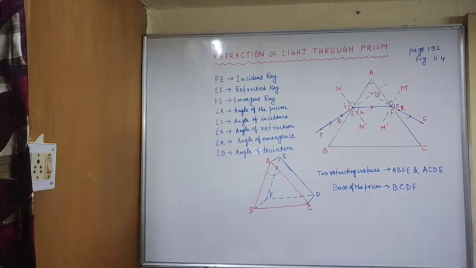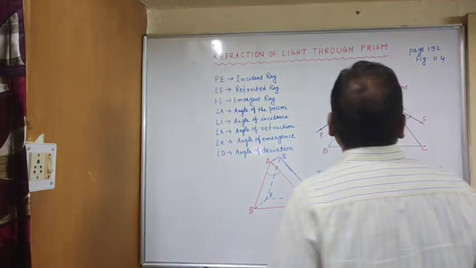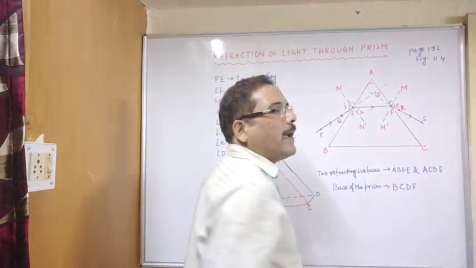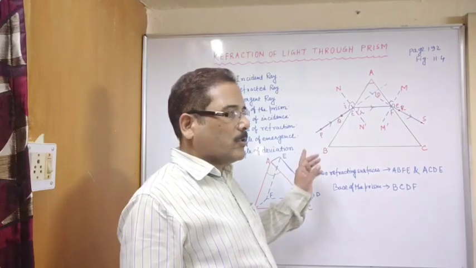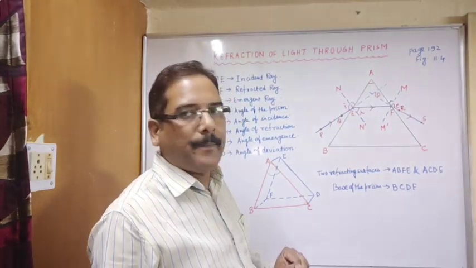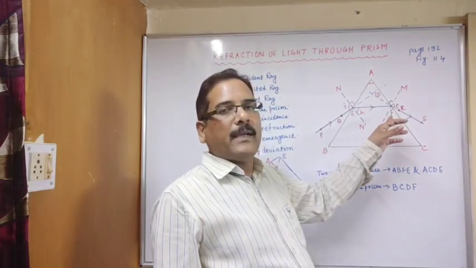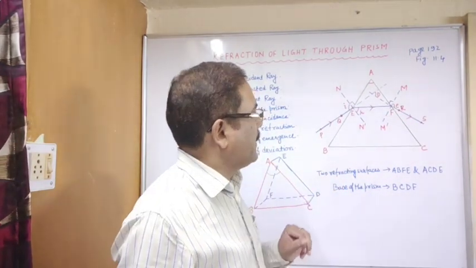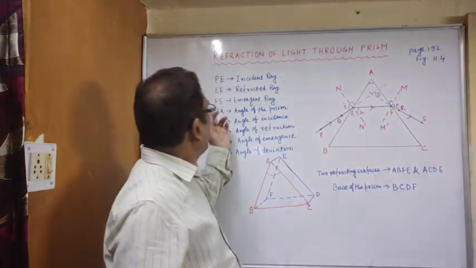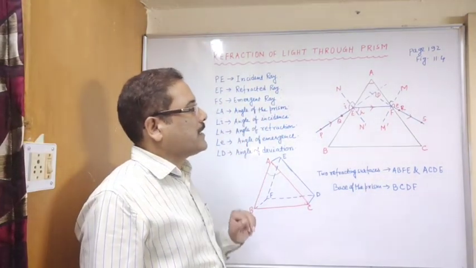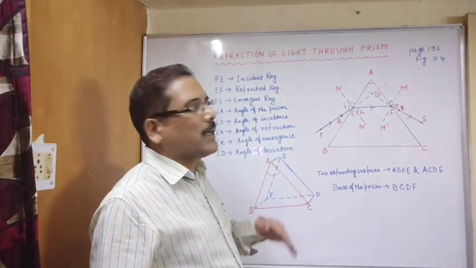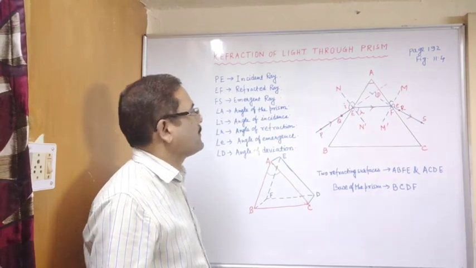So how many times does refraction take place? Refraction takes place at point E and at point F. So PQ represents the incident ray, EF represents the refracted ray, and FS represents the emergent ray, the ray which finally emerges out from the prism.